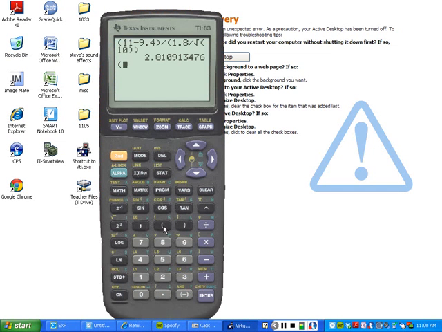So you're going to go 45 minus 38. That's going to be in parentheses. The next part's the critical part. Divide by. Open parentheses. Do not forget to open the parentheses, because if you don't, you're going to mess up and you won't even know you screwed it up. Okay?